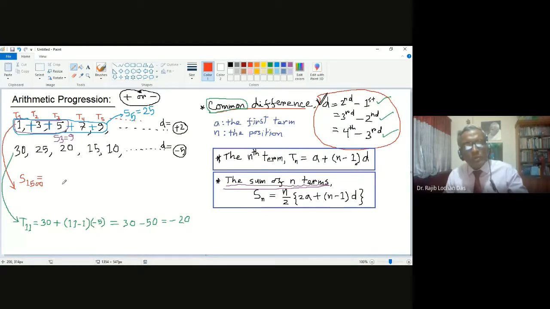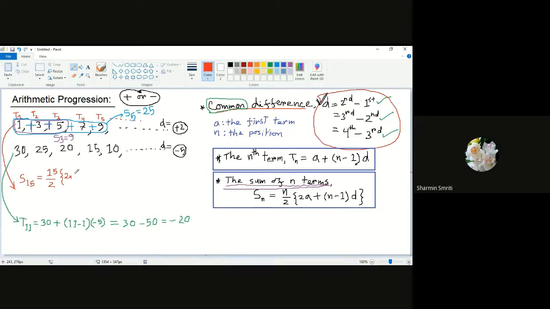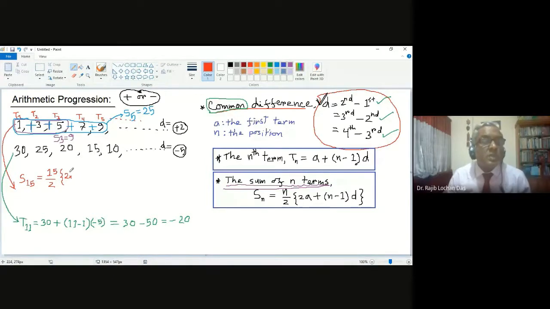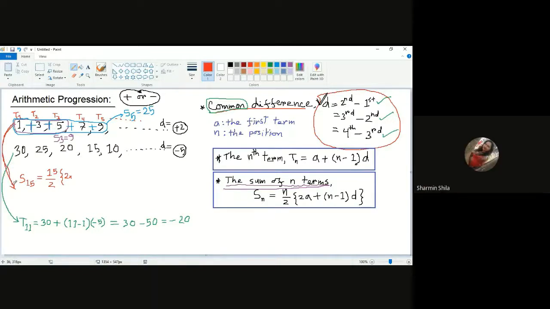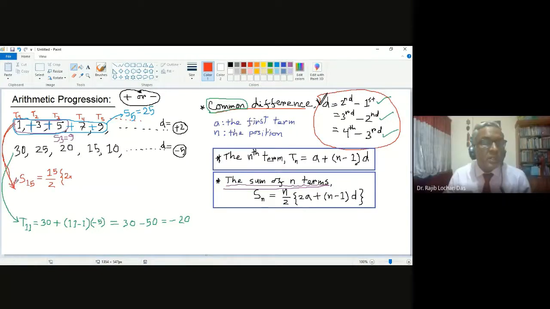So for S15, what is the formula? n by 2. What is n? You already know, 15. So 15 by 2, and then second bracket, 2 into a. What is a? I'm taking the first example, in red color.